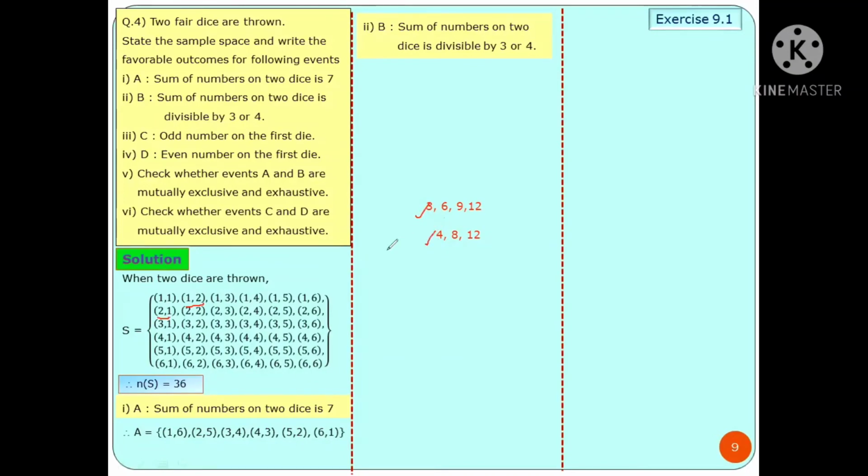Next, sum 4: outcomes are (1,3), (2,2), (3,1). Next, sum 6: outcomes (1,5), (2,4), (3,3), (4,2), (5,1). Next, sum 8: outcomes (2,6), (3,5), (4,4), (5,3), (6,2). Next, sum 9: outcomes are (3,6), (4,5), (5,4), (6,3).